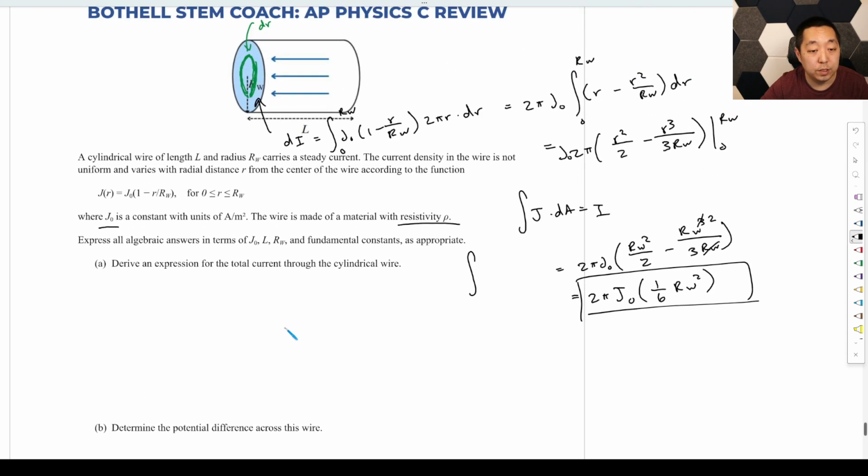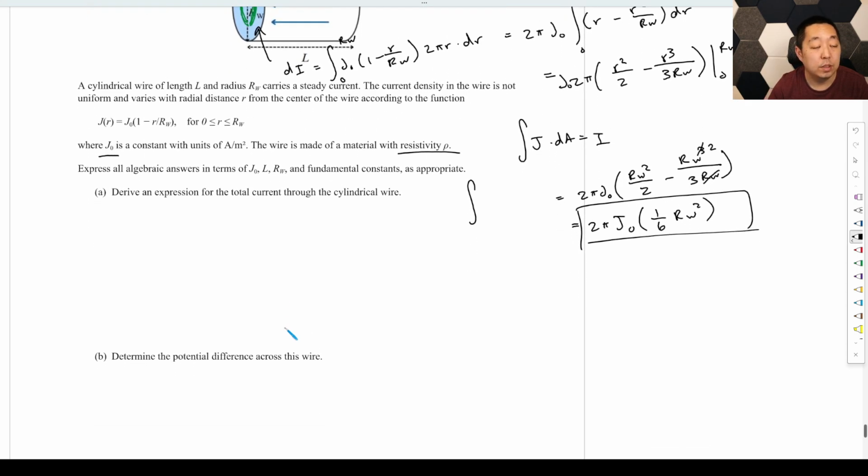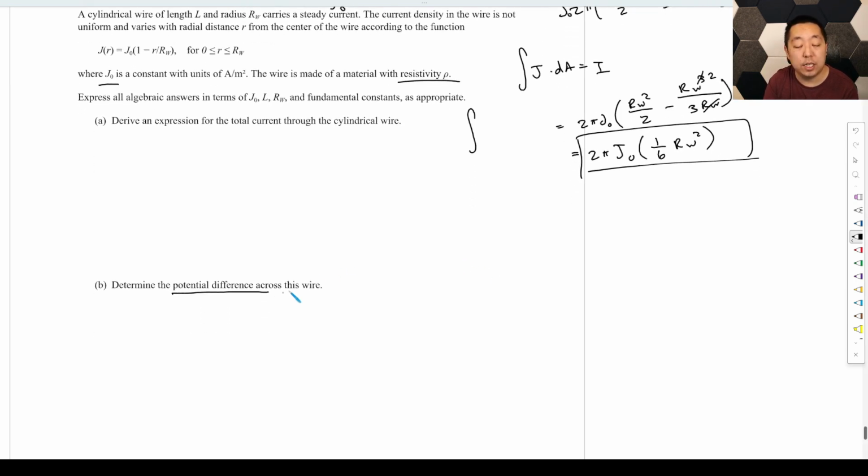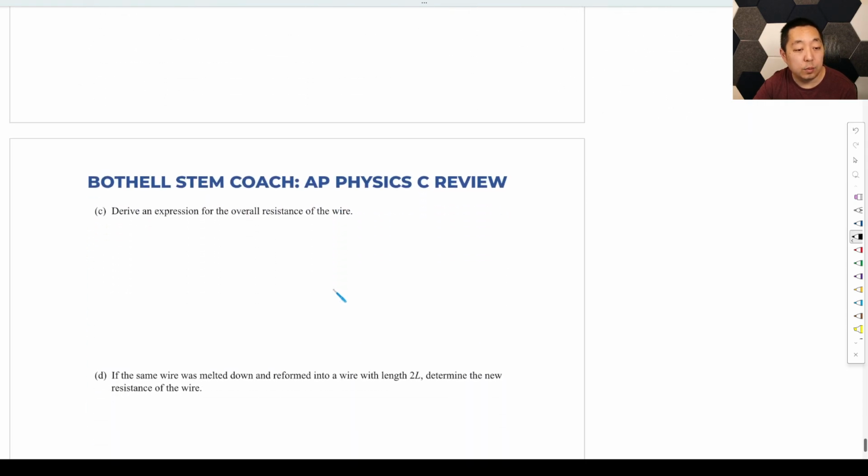Determine the potential difference across this wire. I think what I meant to ask here is not exactly the potential difference, because the current density is not uniform. Derive an expression for the overall resistance of the wire.